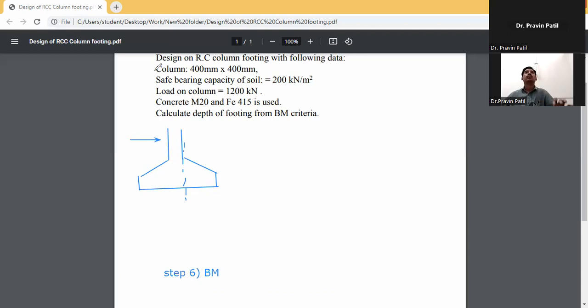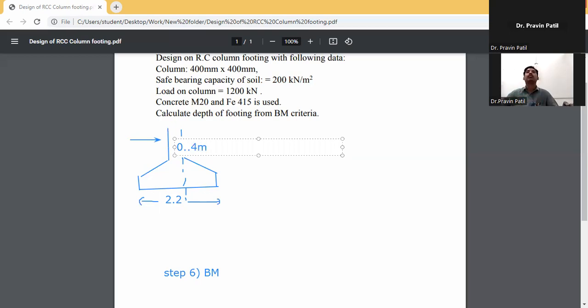So the total width of footing is 2.2 meter, capital B. The column size is 0.4 meter.